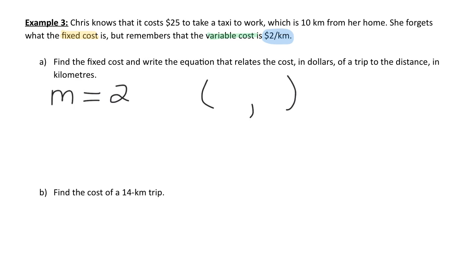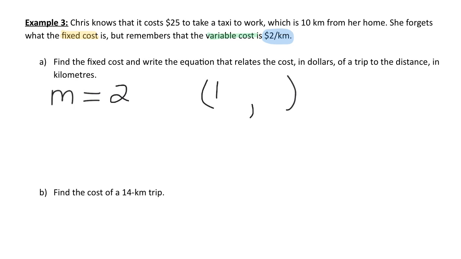So in the question, they tell me that if Chris needs to travel 10 kilometers, the cost for that taxi ride would be $25. So distance, the 10 kilometers, is independent. That's going to be plotted on the x-axis, or represent the x value.